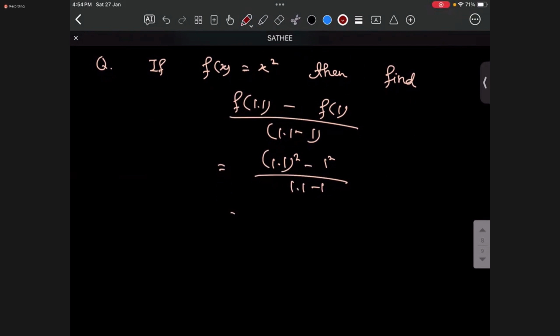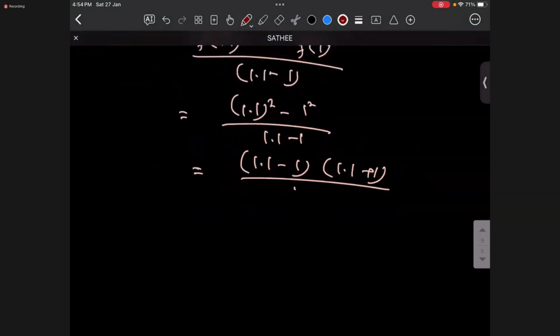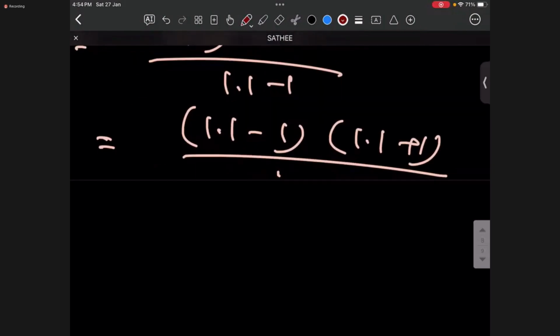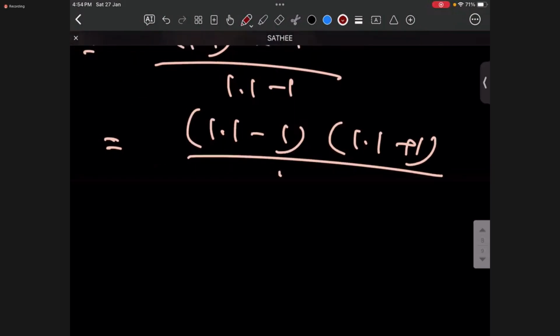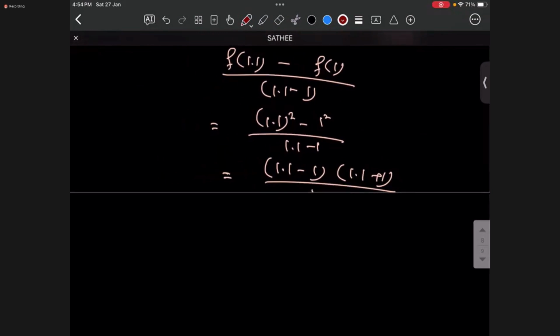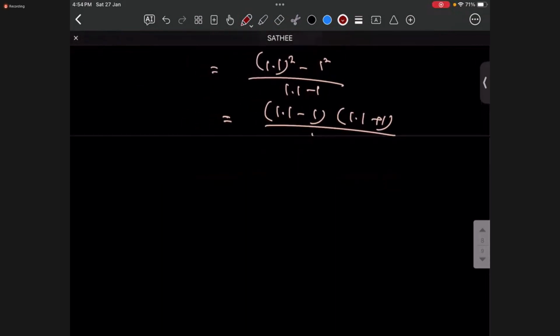But clearly we can apply a formula here. The upper part is the a square minus b square formula. So we can apply that: (1.1 minus 1)(1.1 plus 1) by (1.1 minus 1).